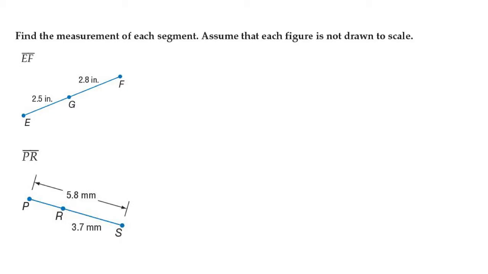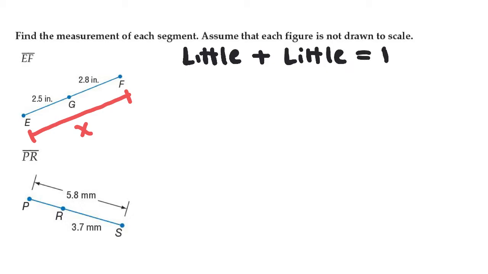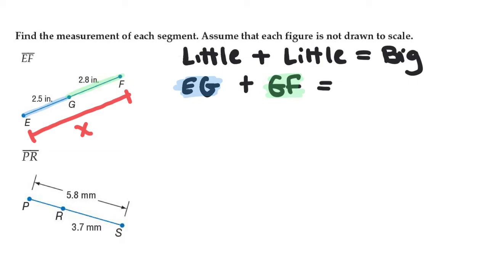The first question asks us for the length of EF, so we could call this X. Using the concept of little plus little equals big, the little segments we have are EG, which is our first blue segment, plus the second little segment, GF, and they should add to equal the whole big segment, this full length of X, which is EF.